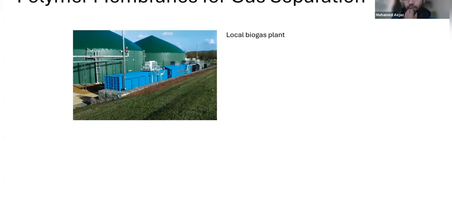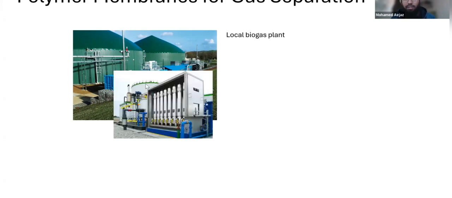And here are polymers for gas separation. Before I show what a membrane looks like, this is a biogas plant. If you want to separate a biogas, this is how huge your plant would look. So if you see these domes, they are big. But if you were to replace it with membranes, you would have a plant that looks so small, because all your membranes are modules. They are cylindrical modules that you could mount in a station.